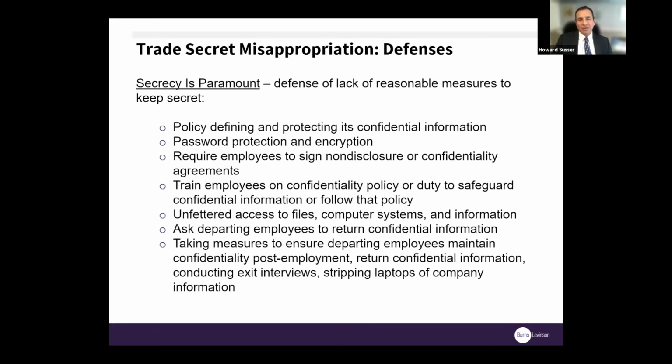One of the main defenses of a trade secret case, which I think is worth talking about because it's so fundamental to the Brooke's presentation about protecting your stuff in the first place, is to take extra care to make sure what you consider to be your trade secrets are really secret. I've been in a case where they had a plant that had a fence facing a road, and the question was whether people walking by could see enough in to understand how the system worked.